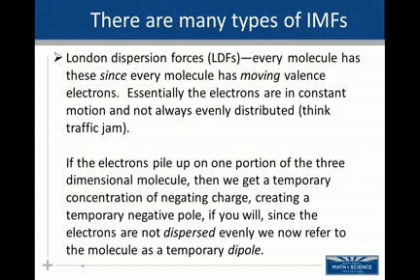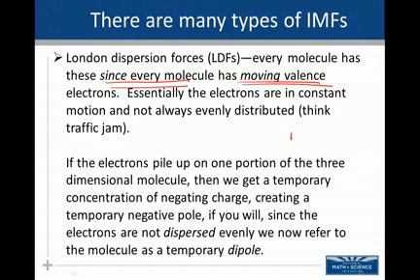So, what's the big deal? London dispersion forces. Every single molecule has these, since every molecule has moving valence electrons. So essentially the electrons are in constant motion around the nuclei of both of the partners in this bond, but they're not always evenly distributed. It's kind of like a traffic jam.